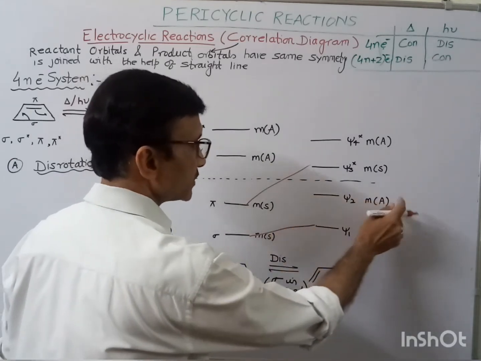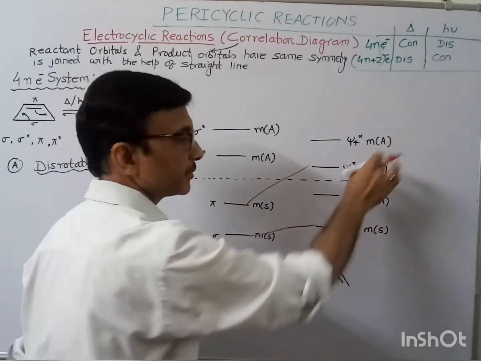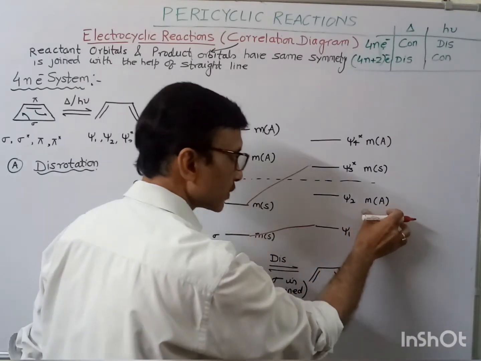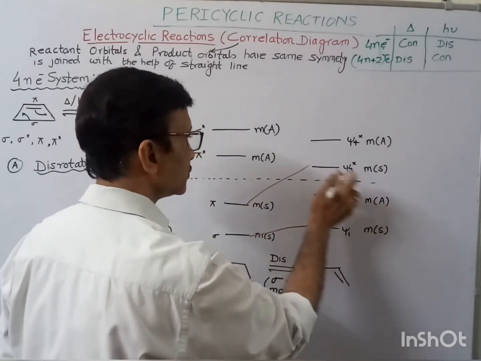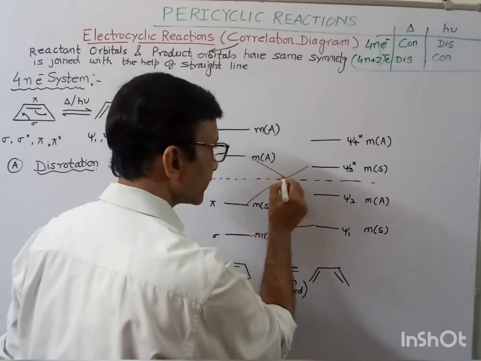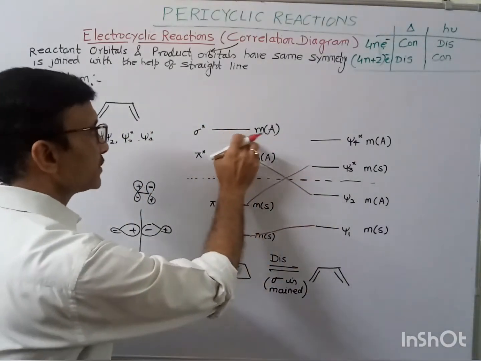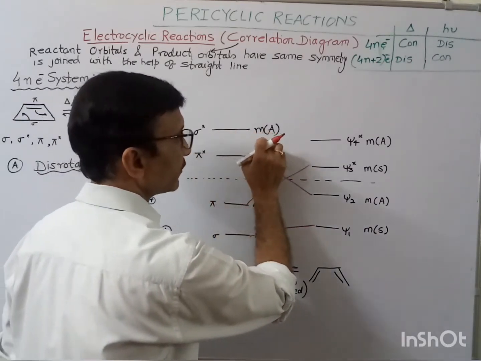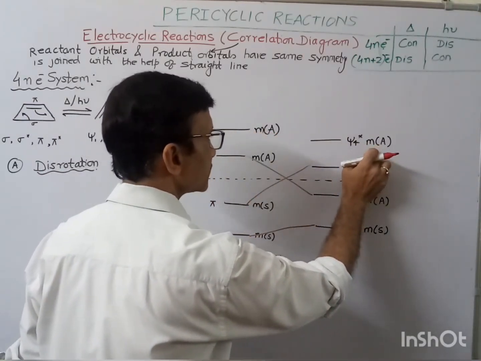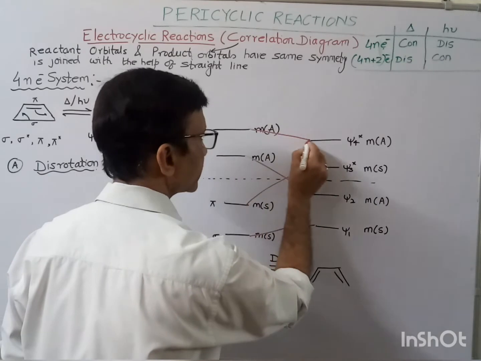In the product, this is antisymmetric, this is also antisymmetric, but since this is of lower energy, this would be more energetically favorable. And this sigma star is antisymmetric, and the only one left is this antisymmetric, I should join like this.